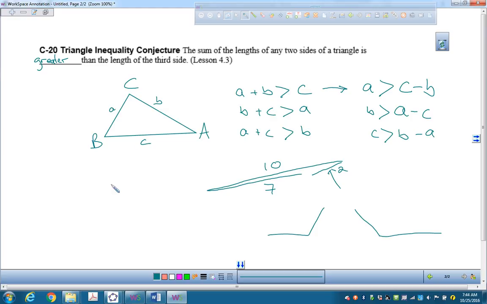Okay, so that's that one. That's not the isosceles, it's C20. The sum of the lengths of any two sides of a triangle is greater than the length of the third side.